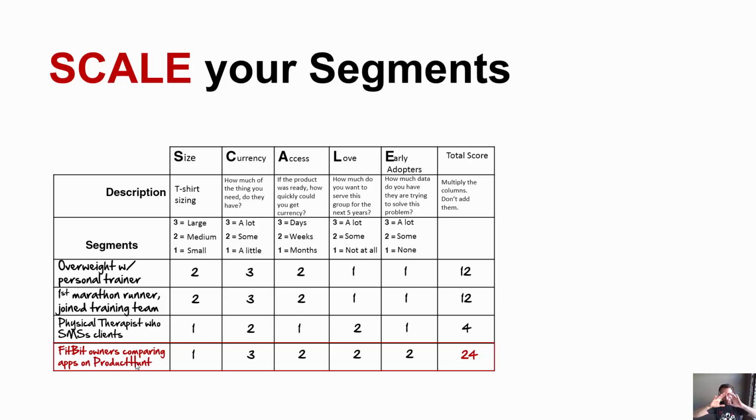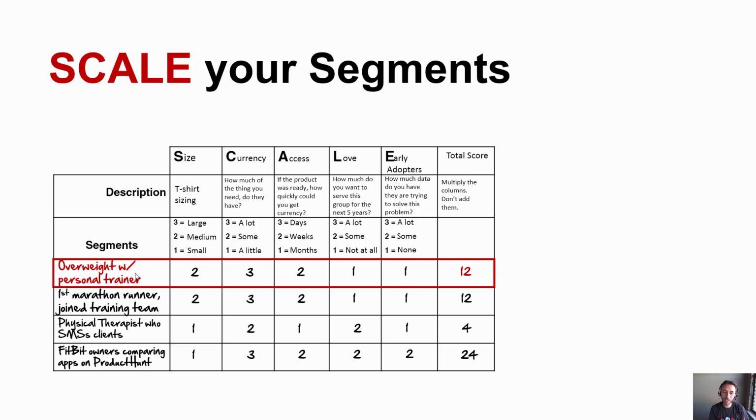So what we want to do is find Fitbit owners who are also having personal trainers, because not only do they exhibit that they are actively trying to solve a problem, it turns out they're actually our second priority segment. They were tied for second, so it's not shocking that we would want to go after someone like that.